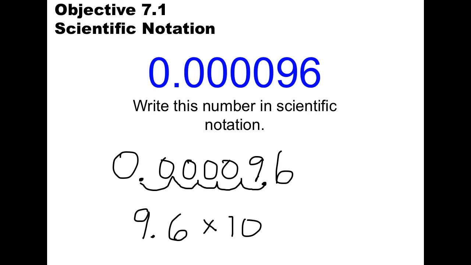And since this is a decimal, this is going to be negative 6. The negative 6 as an exponent tells us that this is a really small decimal. And so in order to write this small decimal in scientific notation, you should come up with 9.6 times 10 to the negative 6 power.